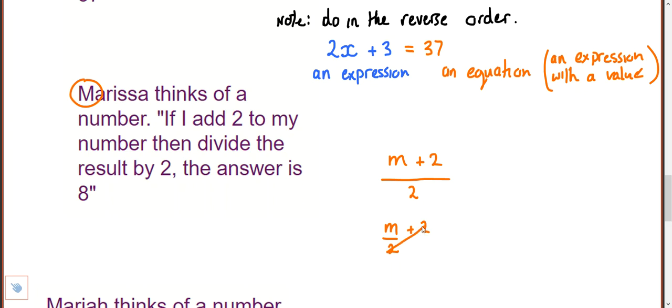So this is not right, so we've got this. So that's my what? Your expression. Good, that's my expression. And then she says the answer is 8, and turns it into an equation. Okay. So we've got m plus 2 over 2 equals 8.